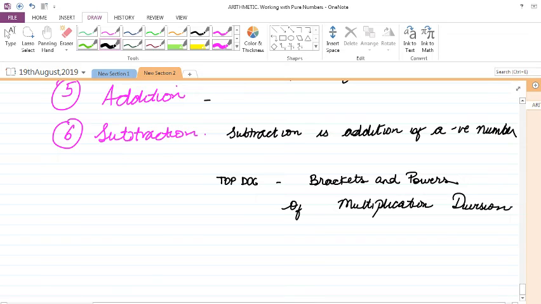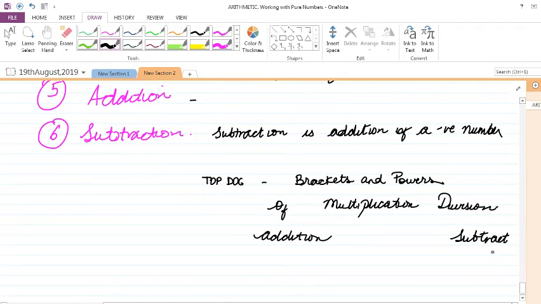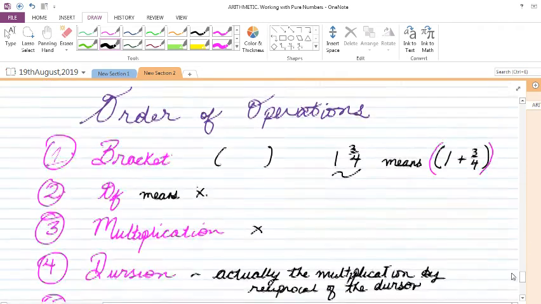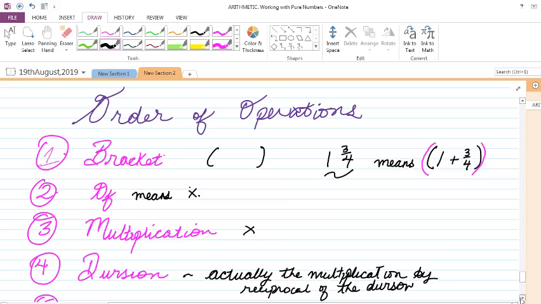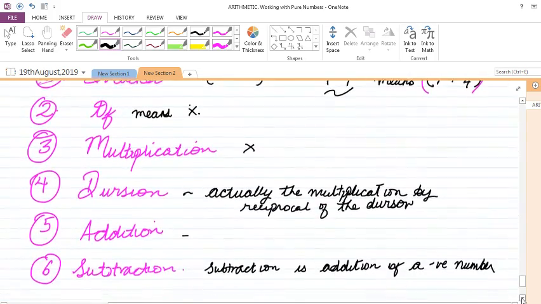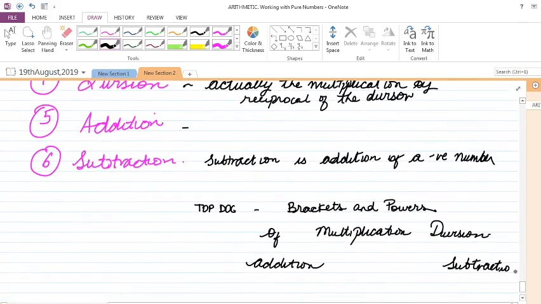And below that, we have addition and subtraction. So I make a little pyramid there.